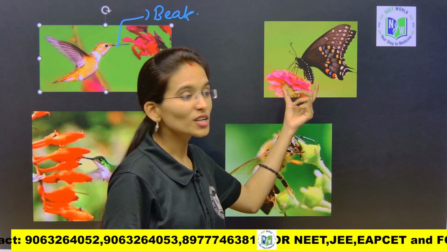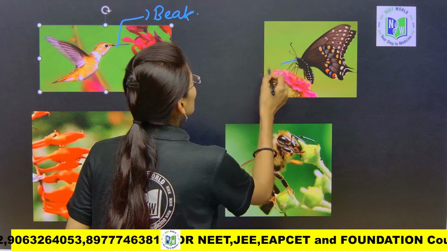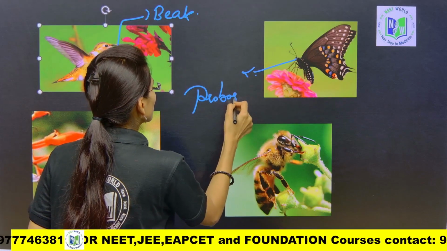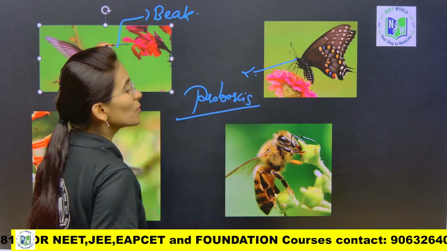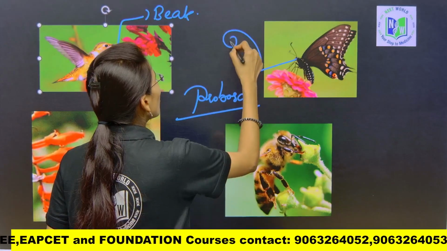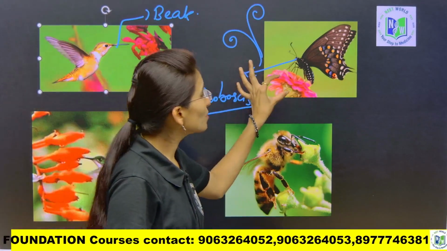And next, when we look into the butterfly, the butterfly is going to contain the feeding organ that is called proboscis. Okay. So, the proboscis is nothing but a circular coiled feeding organ.